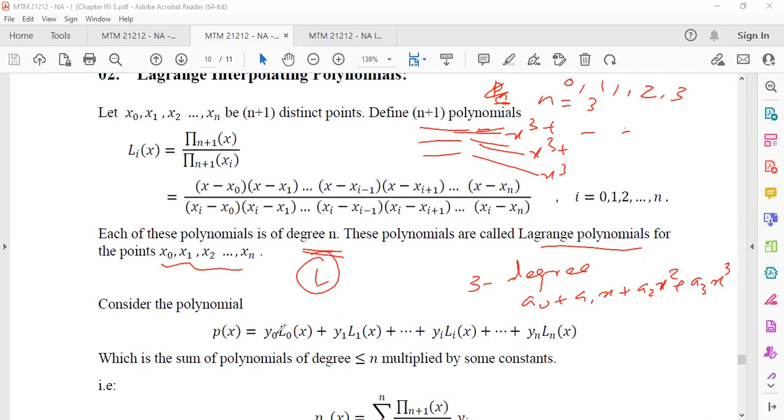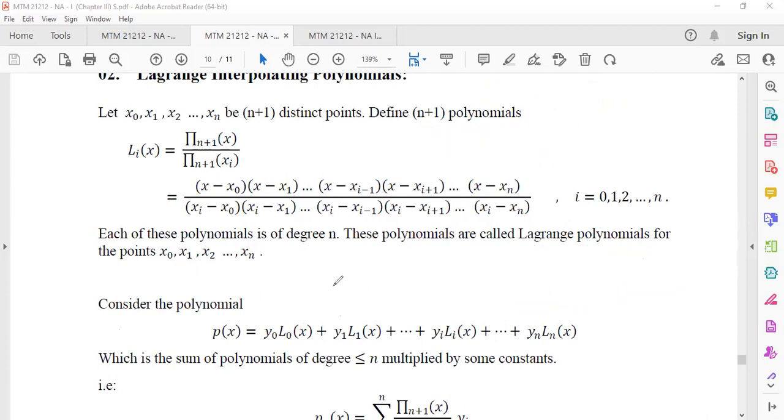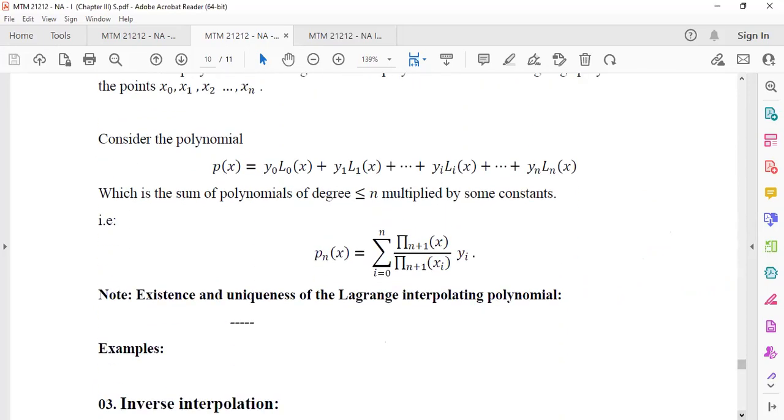Now after you find these polynomials, you have to do some extra work. It means after that we have to multiply these. We have not yet finished our Lagrange interpolation polynomial.